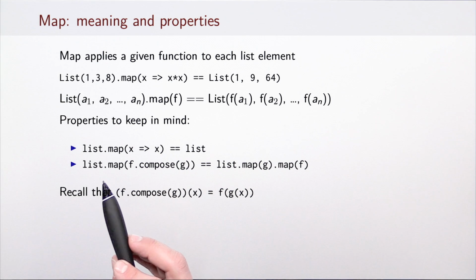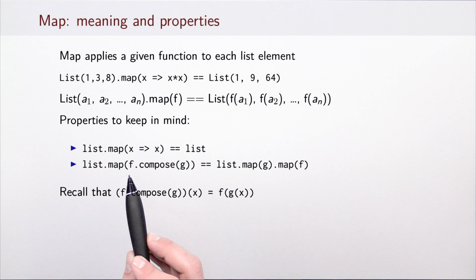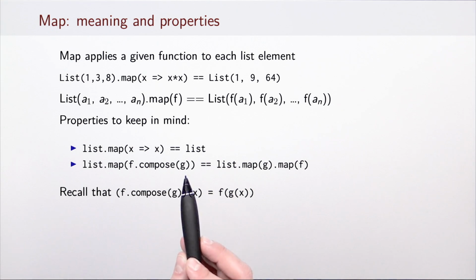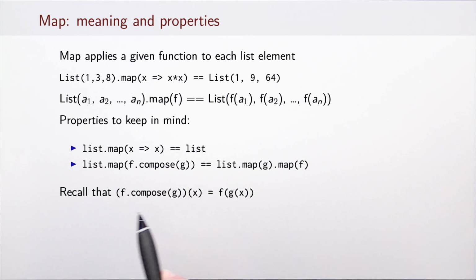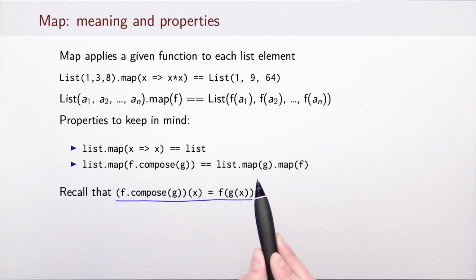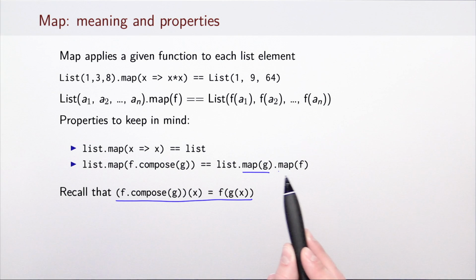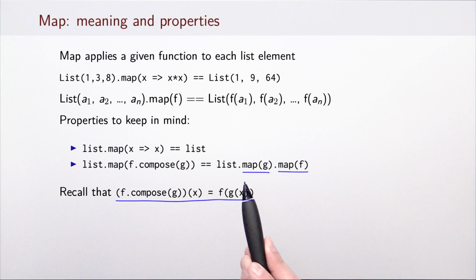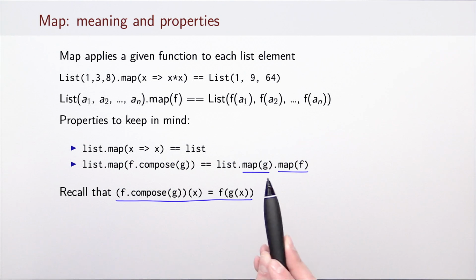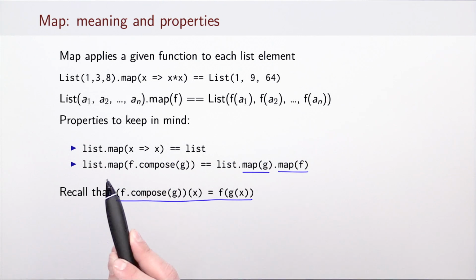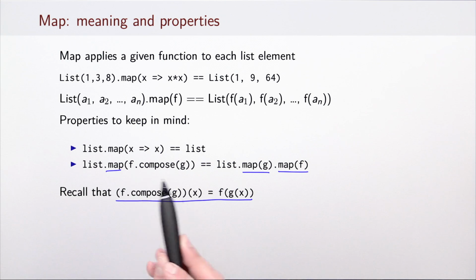Another property that list map happens to have is that mapping with a composition of two functions, which is defined in the following way, is the same as mapping first with one of the functions and then mapping again with the second function. And this may be relevant because it allows us to fuse together multiple applications of a map to an application of map with a more complex function.